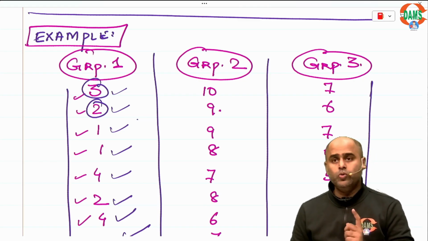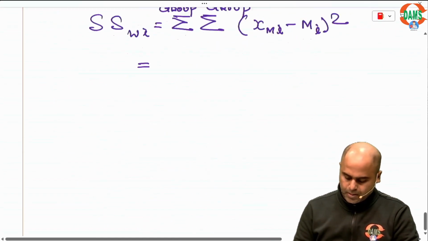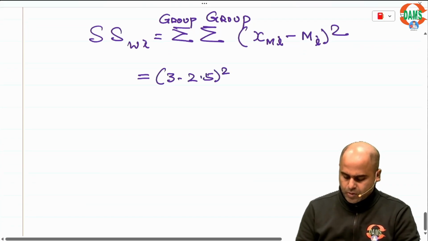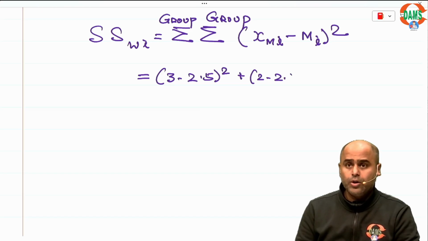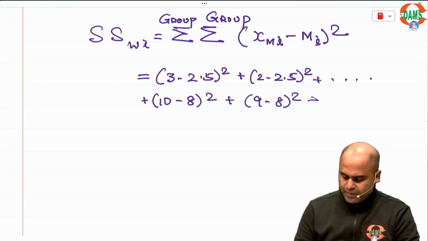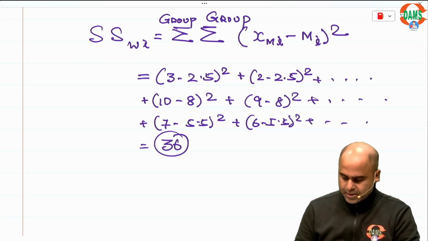Next is 2 minus 2.5 whole square. I'll do all this manually. So 3 minus 2.5 whole square plus 2 minus 2.5 whole square. Similarly, for the next group, I'll do the same thing. Similarly, for the third group, I'll do the same thing. And finally, I get a value, suppose 36.